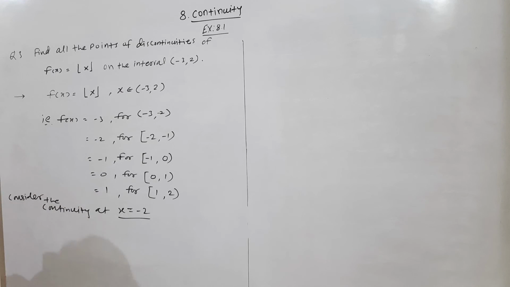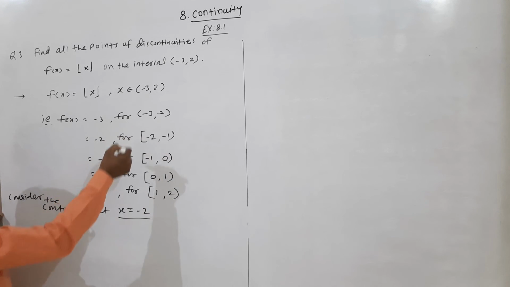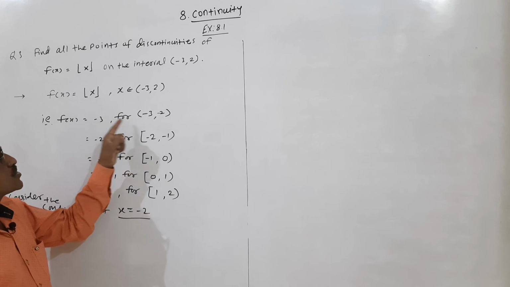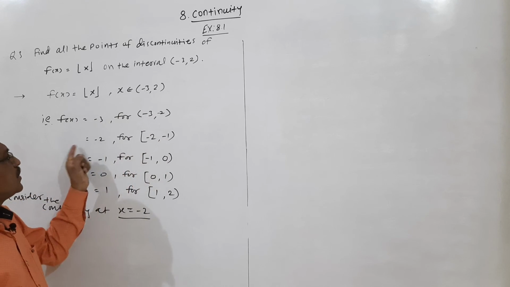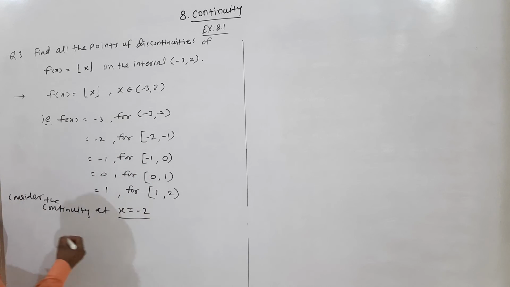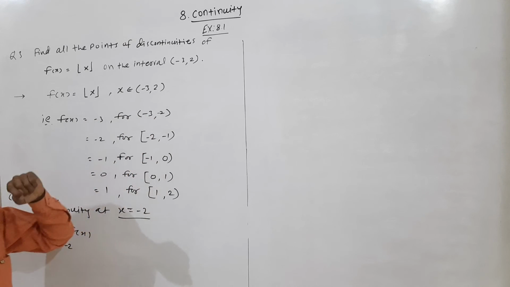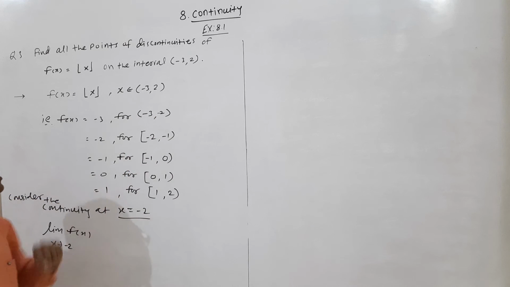Therefore, for this point minus 2, we consider these two functions, the first function and the second function. We apply the limit to this function on both sides as x tends to minus 2. First, here x is less than minus 2, and in the other case it is greater than minus 2.